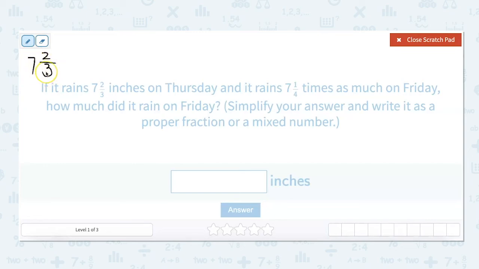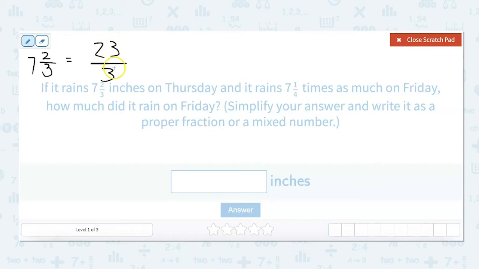So 7 times 3 is 21, plus the numerator, which is 2, so 21 plus 2 is 23, and we keep our denominator the same. Okay, so our improper fraction for 7 2/3 is 23/3.